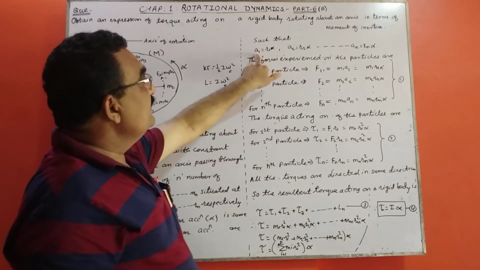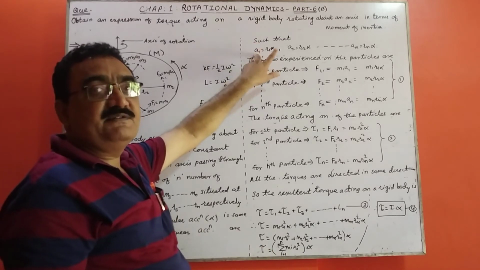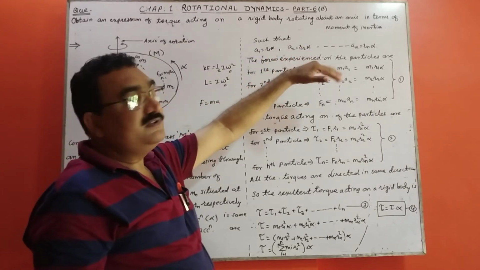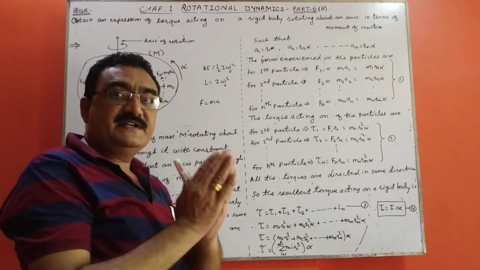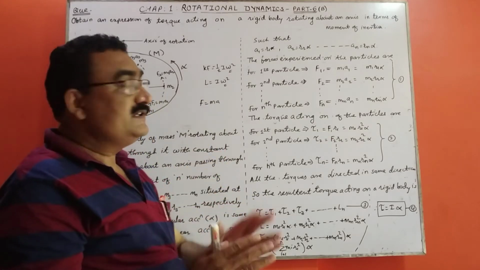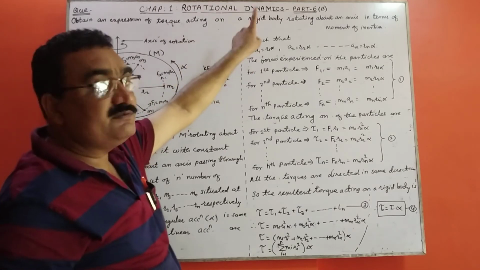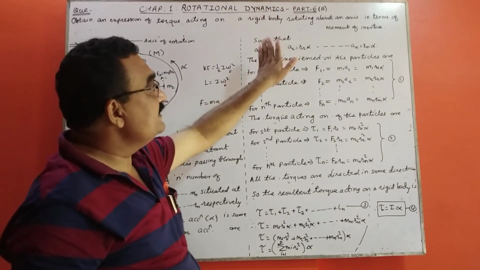Now here is the relation between linear and angular acceleration: a1 is equal to r1 alpha, a2 is equal to r2 alpha. In the first step we show the relation between linear and angular quantities. In those two questions, v is equal to r omega. Here it is alpha, so a is equal to r alpha.